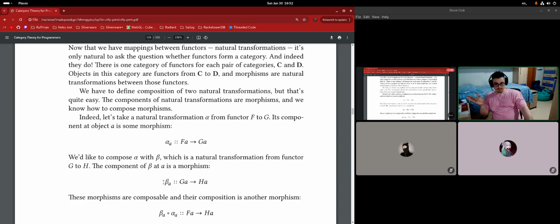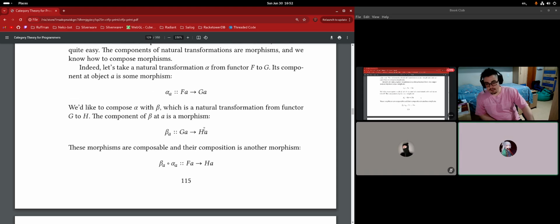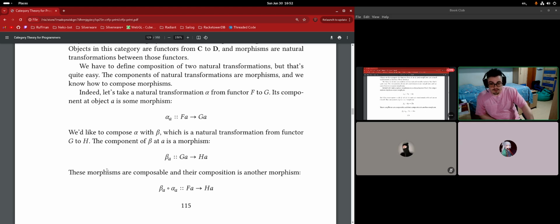And beta is this. And notice as well, we're using that interpretation that we've seen before, mapping objects to morphisms, that this is the same A. This is the same A. This is the same A. It has to be. These morphisms are composable and their composition is another morphism.